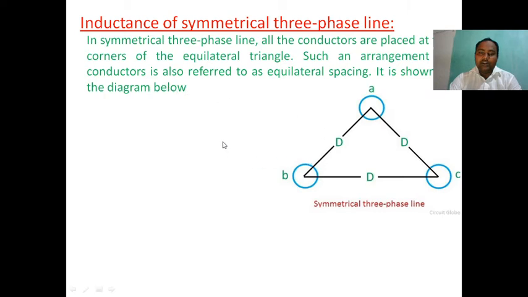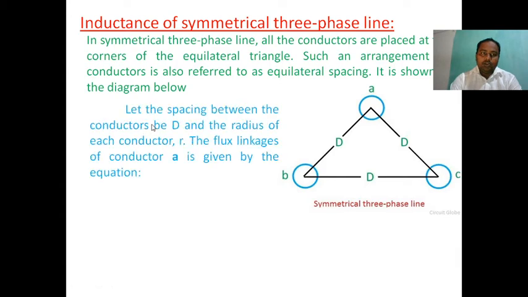So this is a symmetrical diagram. Let the spacing between the conductors be d and the radius of each conductor r. The flux linkage of conductor A is given by the equation.